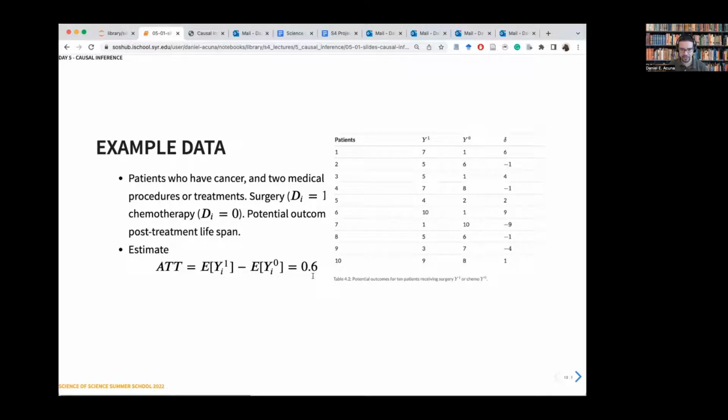And the average treatment of the treated, you can look at this. You just look at this. The average treatment of the treated is, let's see.